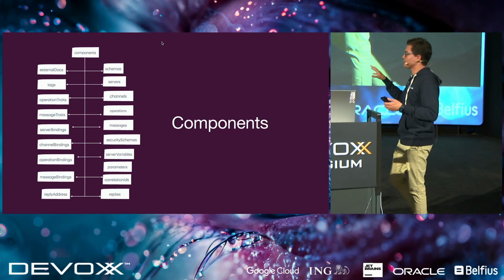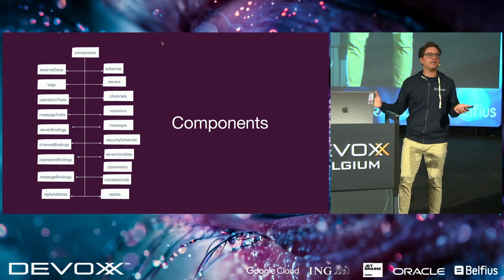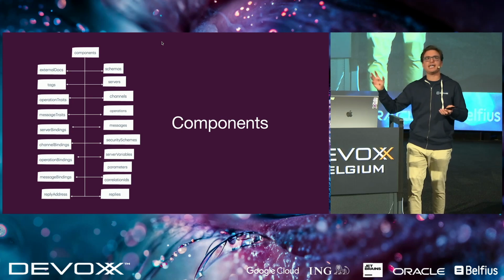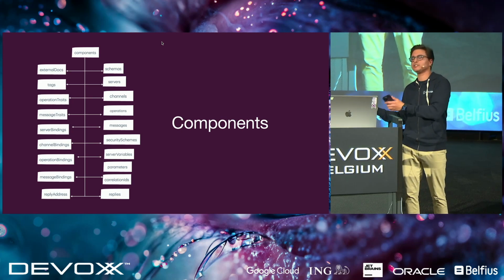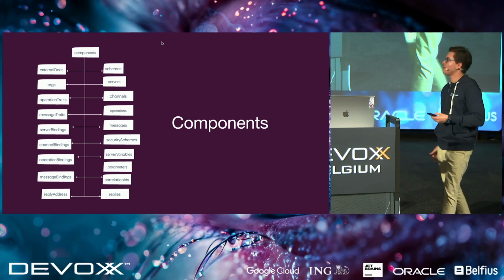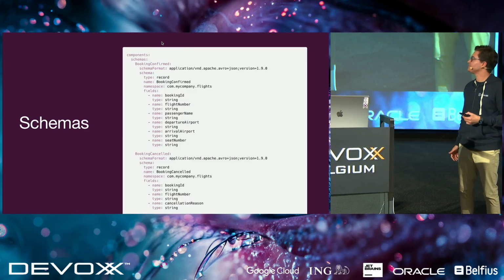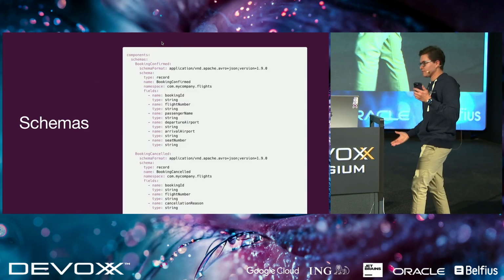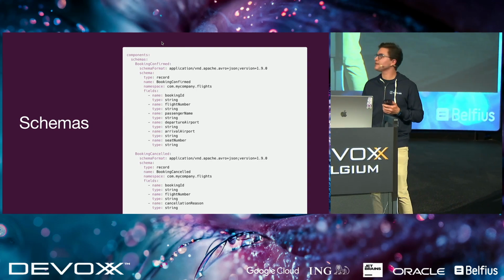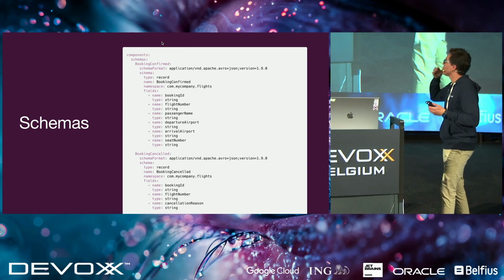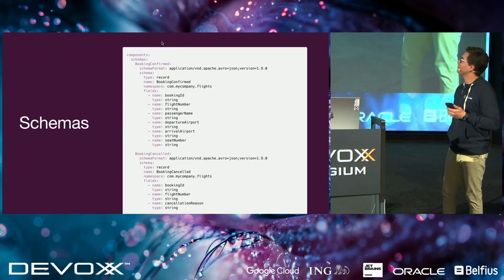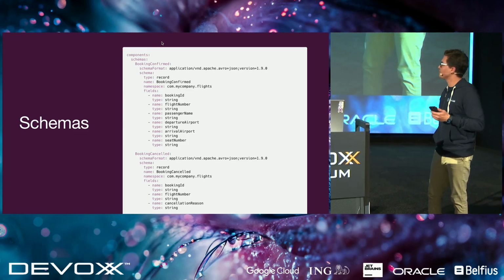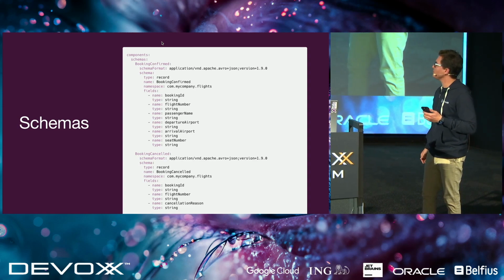You define that later using components. Everything that is reusable inside your spec is called components. You can have the messages, the channels, everything that you can define once and reuse in multiple places of your definition. Then you have the schemas. The schema is what the payload of the message is going to look like. You can also define the format of the schema; here we're using the Avro protocol.